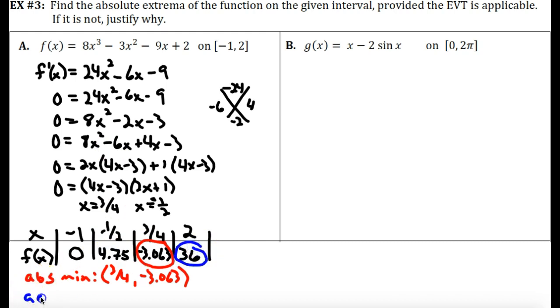So on this interval, my absolute max occurs at the point (2, 36). So our absolute min occurred in the interior of the interval, since 3/4 is in between -1 and 2, and our absolute max occurred at one of the endpoints, at (2, 36).